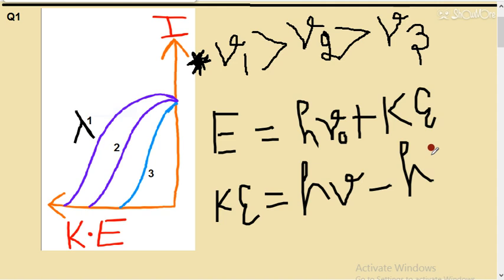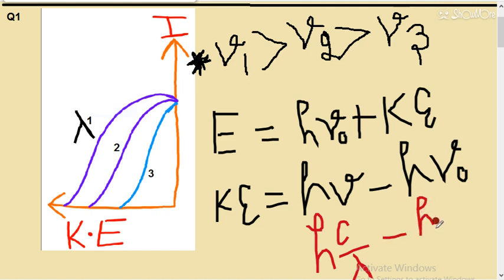So I have to write frequency in terms of lambda. फ्रीक्वेंसी को बच्चे क्या लिख सकते हैं, h इंटू सी बाय लैम्डा माइनस h इंटू सी बाय लैम्डा नॉट.